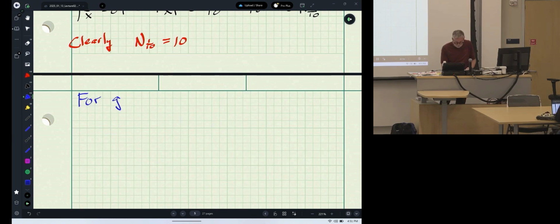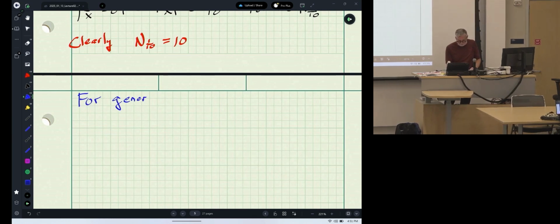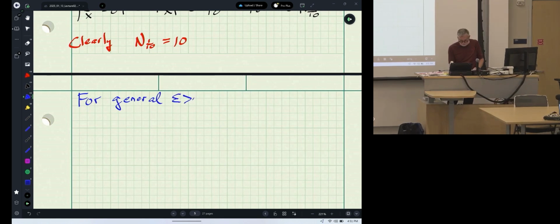And then for general epsilon greater than 0, the absolute value of 1 over x is less than epsilon for x greater than or equal to 1 over epsilon.